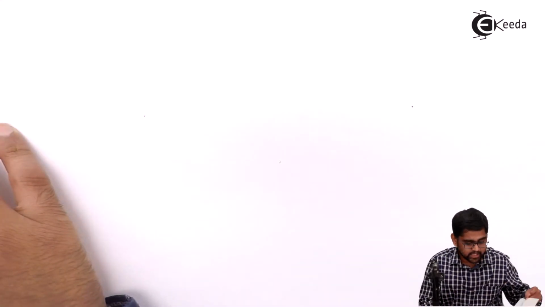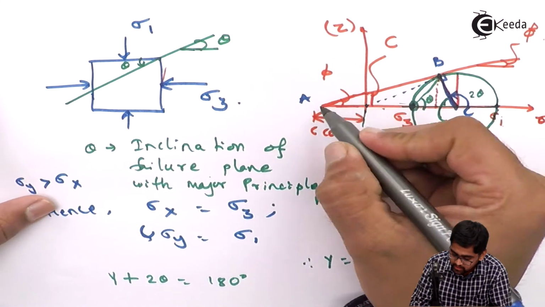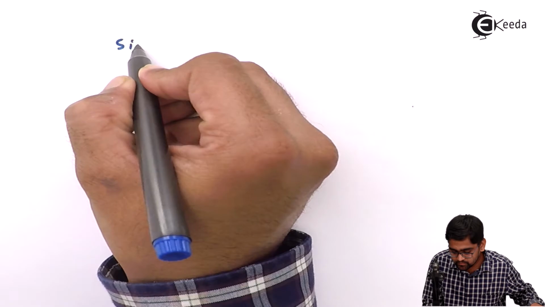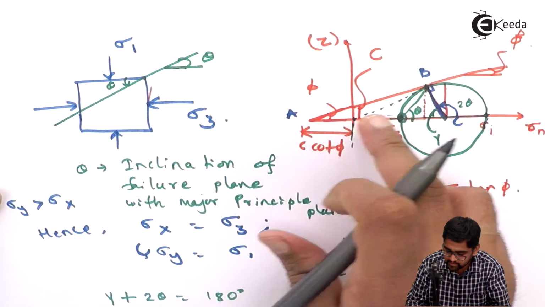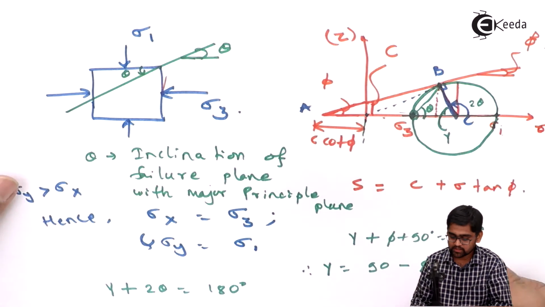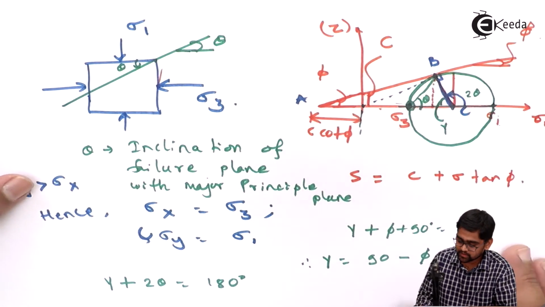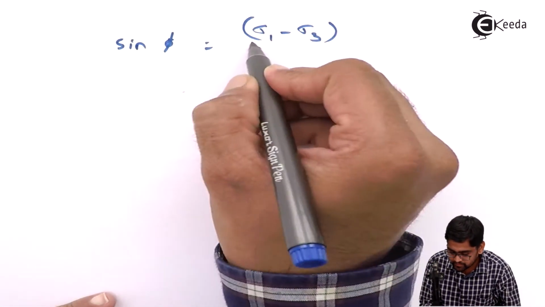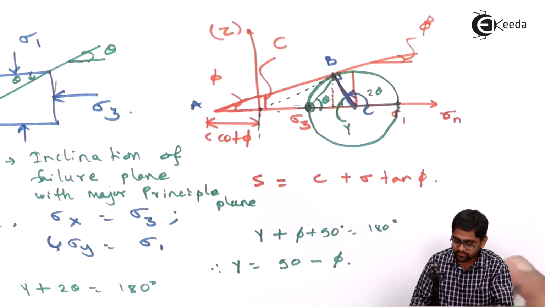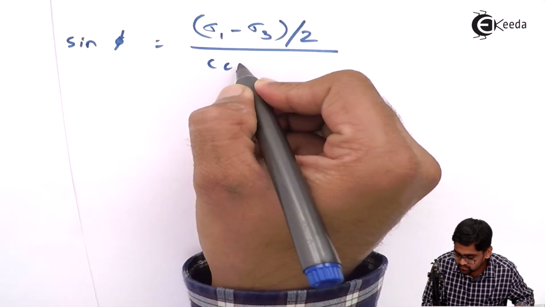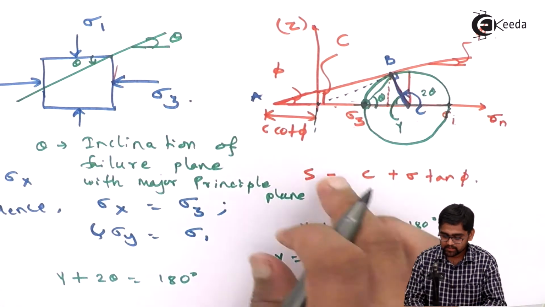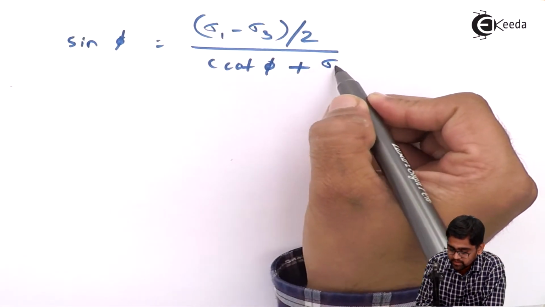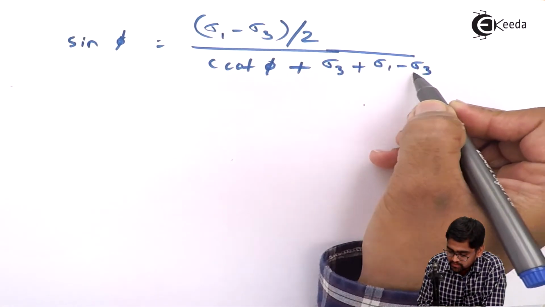So now from the triangle, if you look back at this same triangle ABC, you will get sin phi equals BC upon hypotenuse. BC is nothing but the radius of the circle, which is sigma 1 minus sigma 3 divided by 2, divided by this value C cot phi plus sigma 3 plus the radius of circle, which is sigma 1 minus sigma 3 divided by 2.